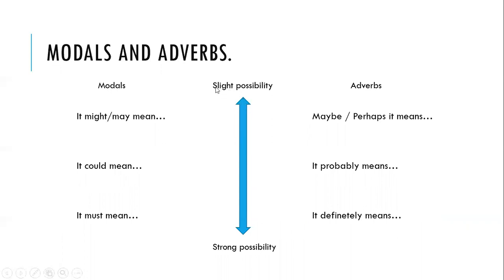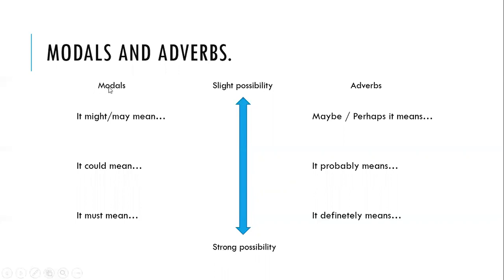On the top, we have this slight possibility. The slight means like a little chance. We have a little probability of something to happen. And here we have a strong possibility. And as I said, it's because we have our evidence or we are just pretty sure that we know it.